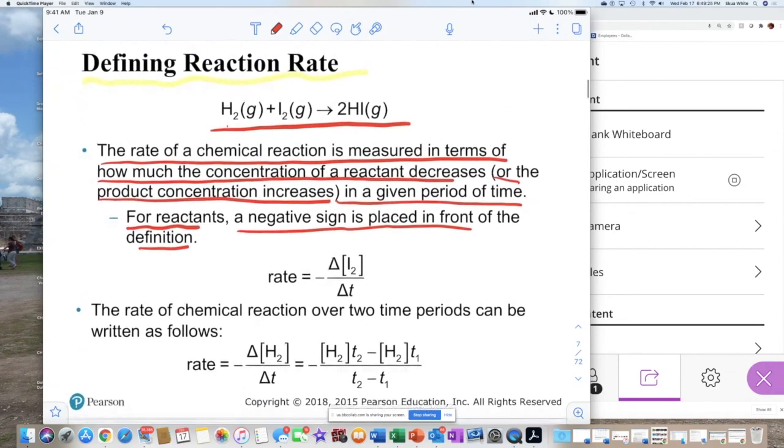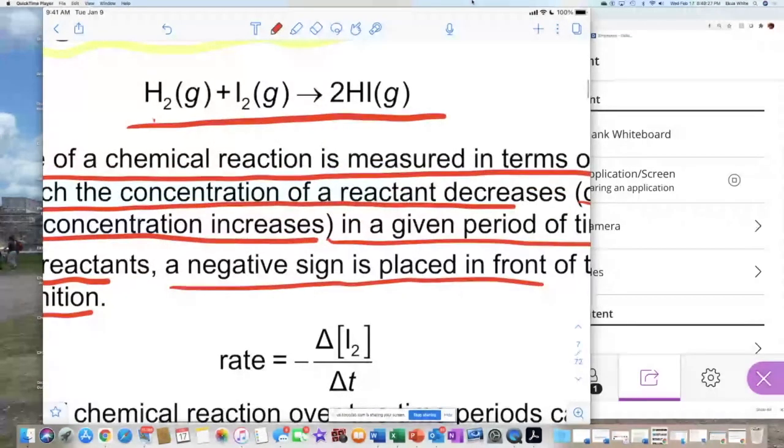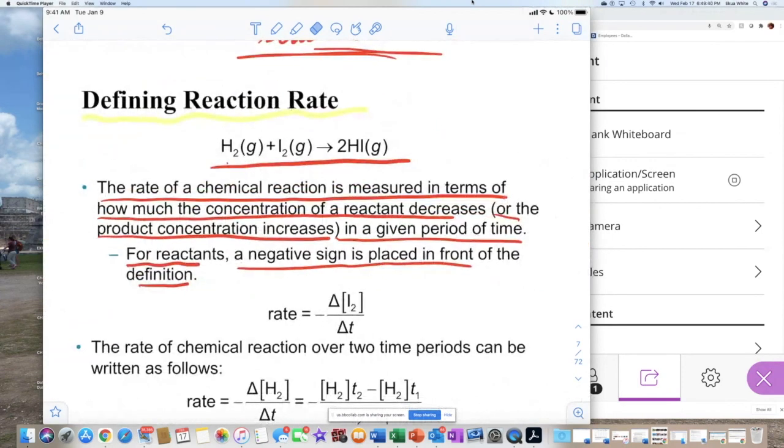So let's see right here. In our balanced equation, we have two reactants, okay? There is this one, and then there is this one. So what I'm going to do, I'm going to erase this one here because once again, it helps when you get what they're trying to say to recognize when they have switched the focus. Right here they're telling you for reactants a negative sign is placed in front of the definition.